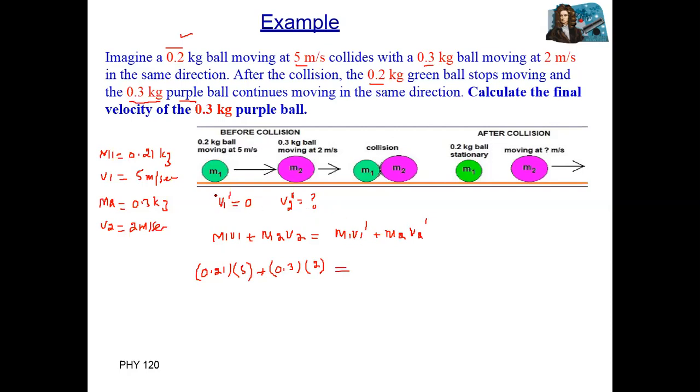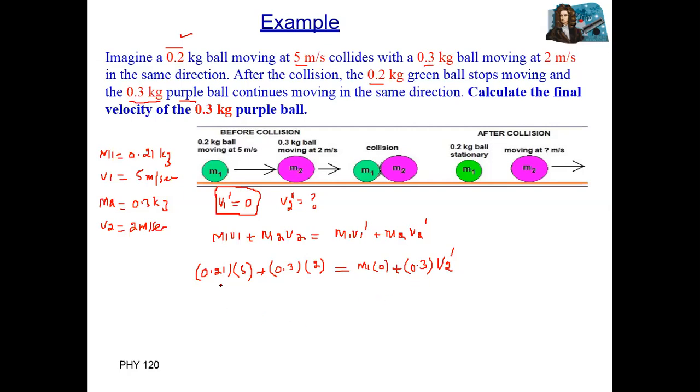But we know that ball number 1 completely stops after collision, so its velocity is 0. So m1 multiplied with 0 is equal to 0. For m2, we know that m2 is 0.3, and we don't know the velocity v2 prime. What is the velocity of the second mass?